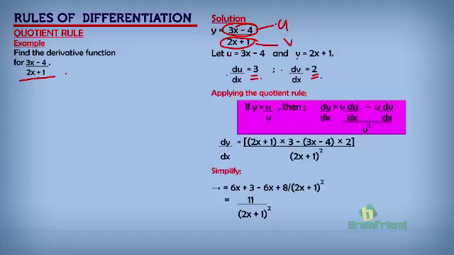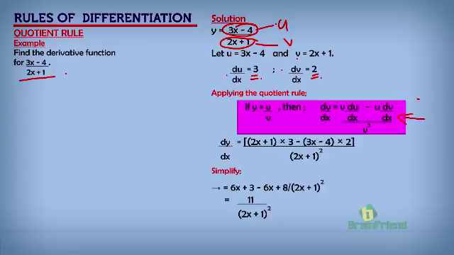Now let's take a look at our formula. Remember our formula for quotients in differentiation. dy dx is v multiplied by du dx minus u multiplied by dv dx all over v squared. Let's plug in our values at this point.